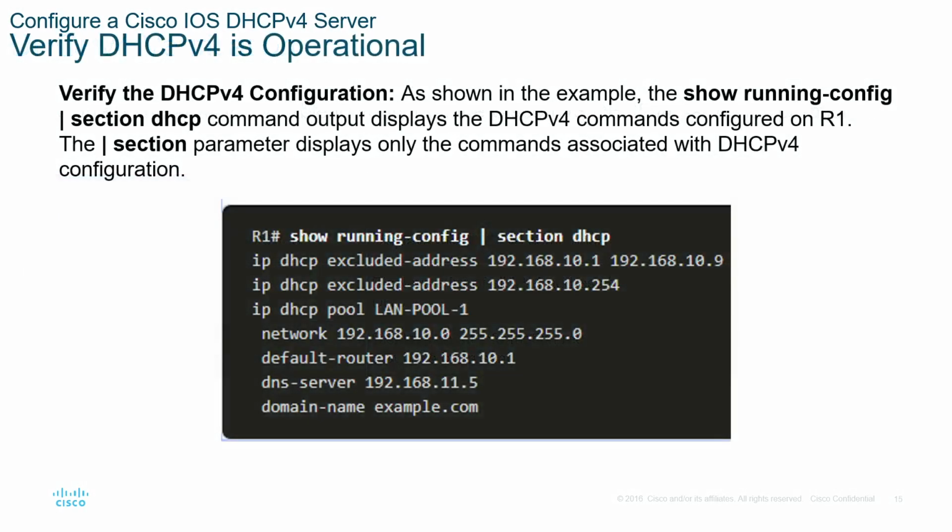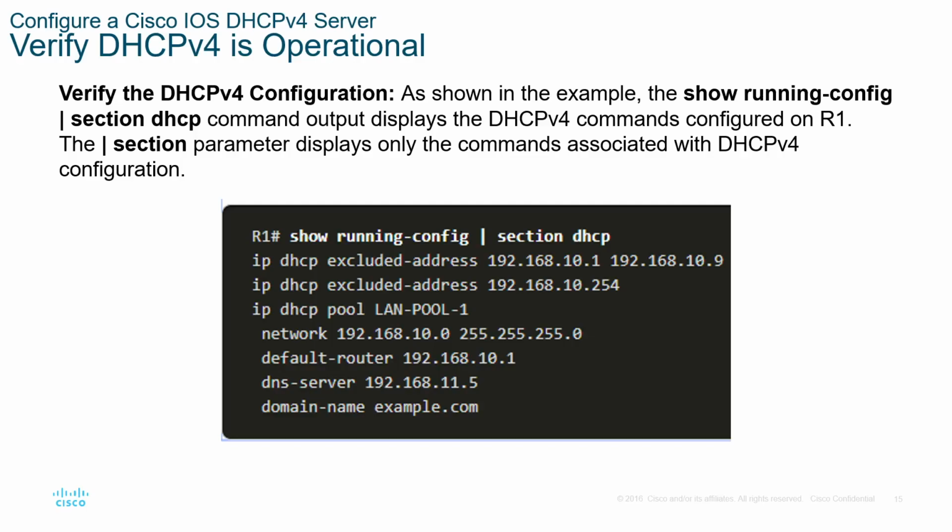Now, to verify the DHCPv4 configuration, as mentioned, we can issue the command show running config section DHCP that would just basically show all the commands that were entered in order to configure our DHCP server. In this example here, as we can clearly see, the commands that were entered were to exclude the addresses, in this case all the addresses from 1 to 9, to exclude the default gateway address if we wanted to give that to the default gateway.